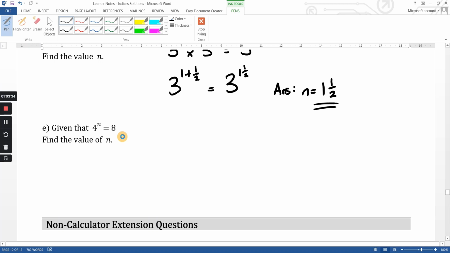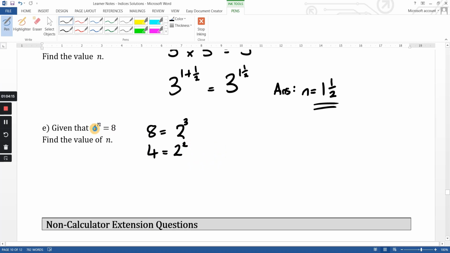So I'll tell you what I'm going to do: let me change the 8 to a power of 2 first. So 8 is the same as 2 cubed, and 4 is the same as 2 squared.